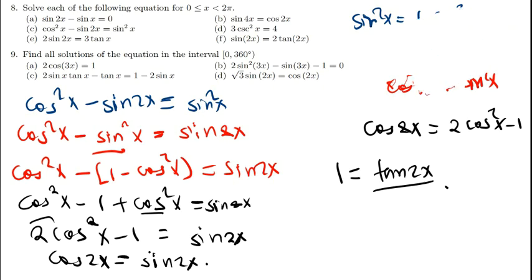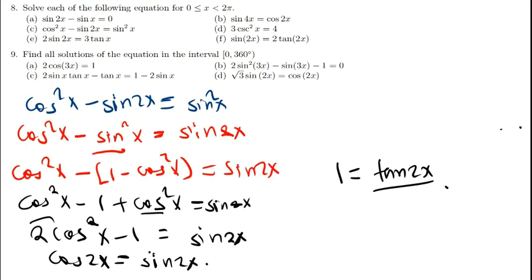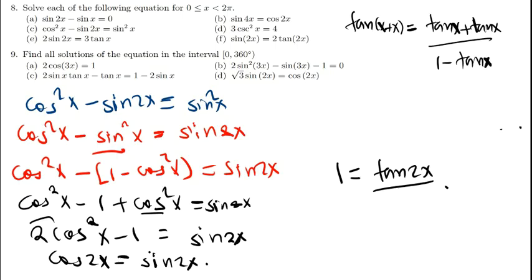I said it is coming from tan of x plus x, which is going to be, since there is positive, tan x plus tan x divided by 1 minus tan squared x. So I replace this with that, right?